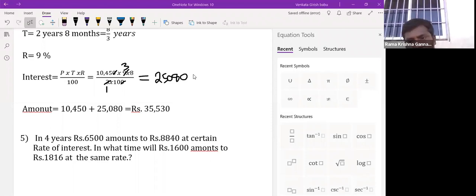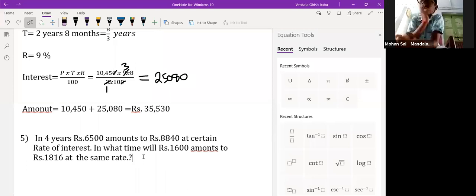I have to say the process of the fifth problem. You will do it as homework. Mohan Sai, tell me, what is the doubt? Yesterday you told the fourth question, sir, the amount answer is wrong.